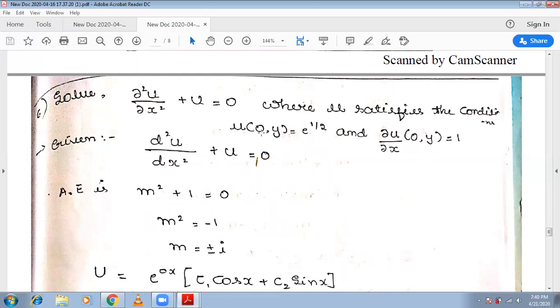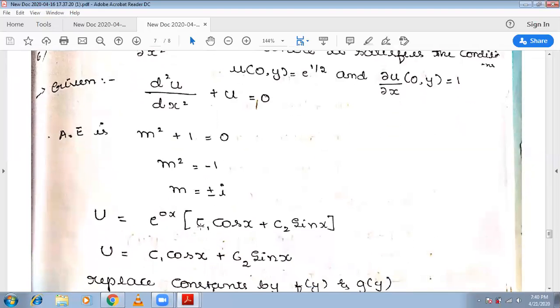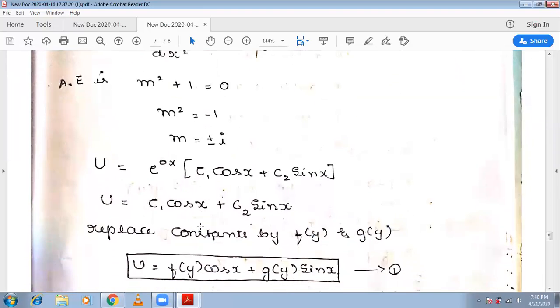Here this means u of 0 comma y: x is equal to 0 when u is equal to e power 1 by 2, and x is equal to 0, del u by del x is equal to 1. Write the partial differential equation, write the auxiliary equation, roots are plus or minus i.